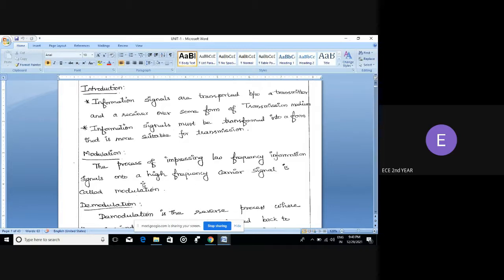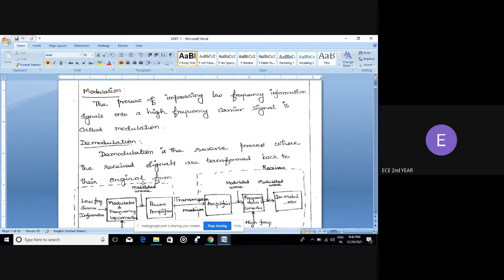That is called modulation. And what is demodulation? Once a signal is transmitted over the medium, we will receive the modulated signal at the receiver. If we want to receive the original information, we have to use the process called demodulation. It is the reverse process where the received signal is transformed back to the original form.